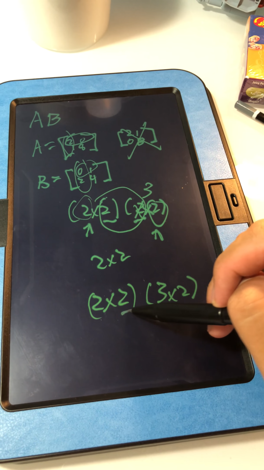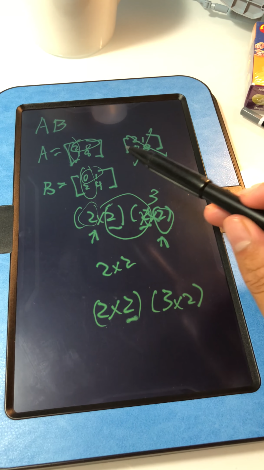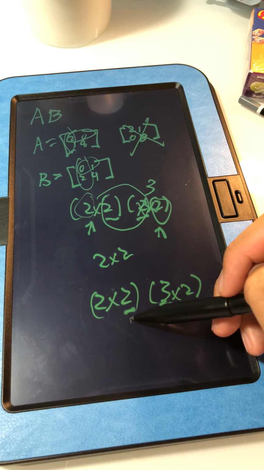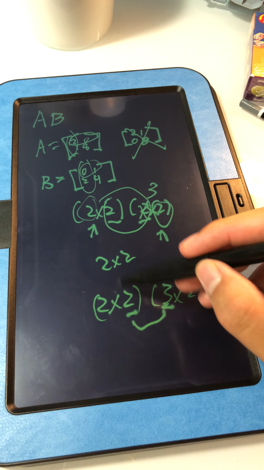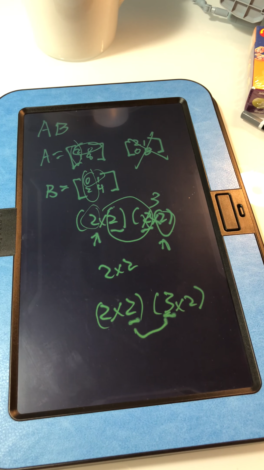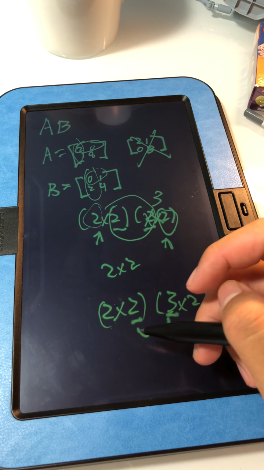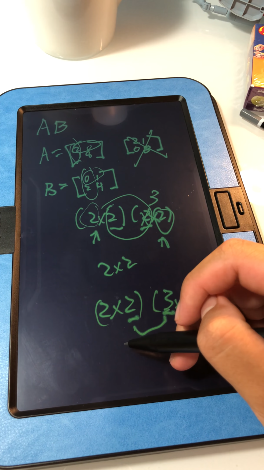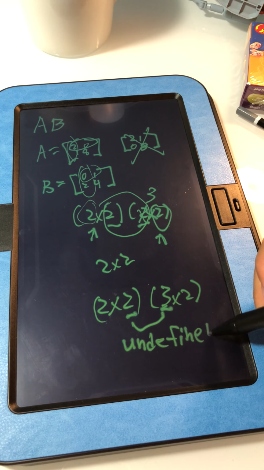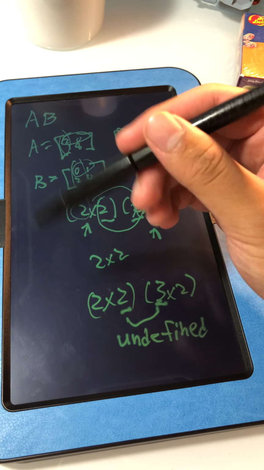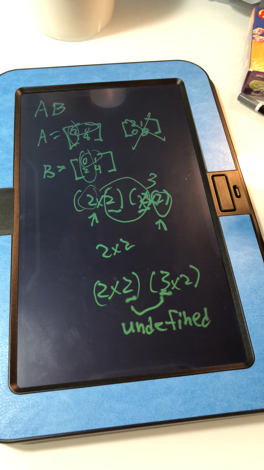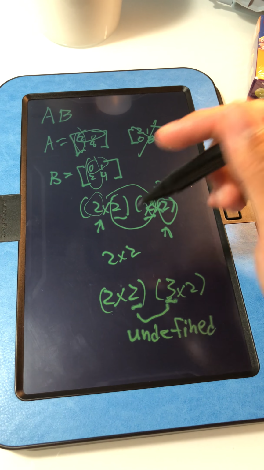Okay, so 2 columns in A, but oh no, there's 3 rows in B. Since these 2 numbers don't match, you cannot multiply the matrices together. So your solution would be undefined. And if it's undefined, meaning you can't multiply them out, it's physically impossible.